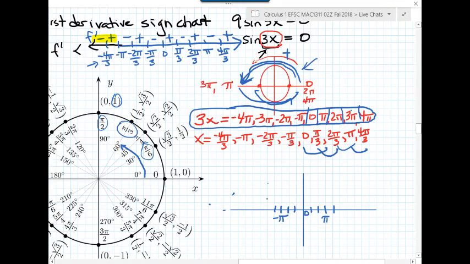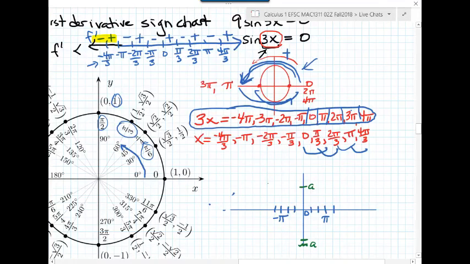And so what we're going to do is we're going to mark off, each of these is going to be worth pi over 3. So we have pi over 3, 2 pi over 3, pi, 4 pi over 3, and negative pi over 3, negative 2 pi over 3, negative pi, negative 4 pi over 3. All right, so each one of these is a place where the derivative is 0, which means it's a relative max or min.